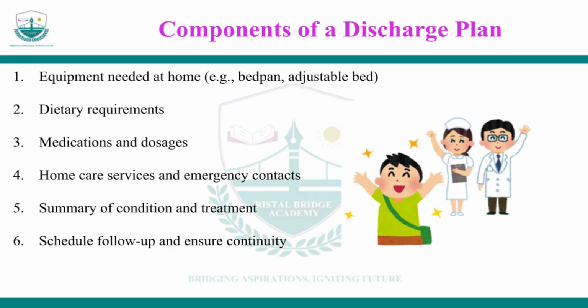You need to have that bed. You need to have a bedpan and the other things at hand. Then dietary needs or special diet if needed, medications for home, resources and emergency response, home care activities, summary of conditions, and to make sure that you follow up.